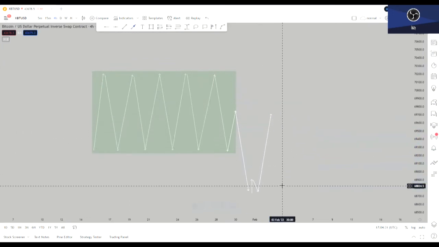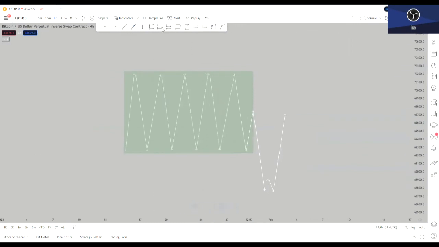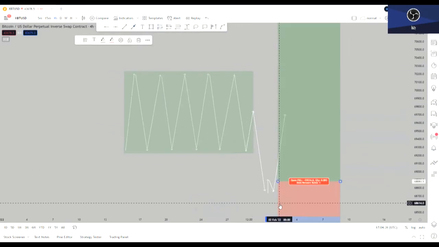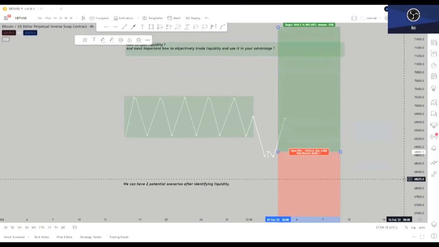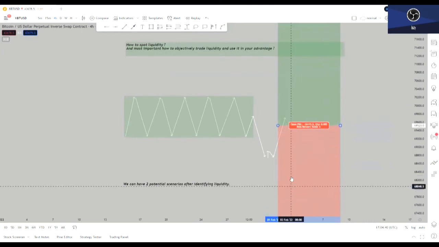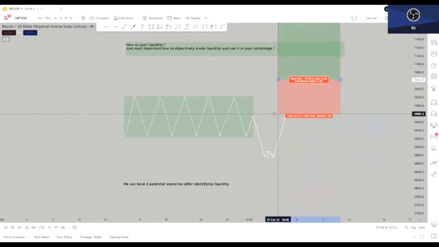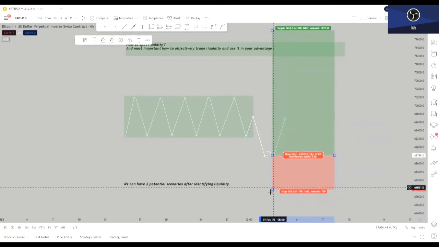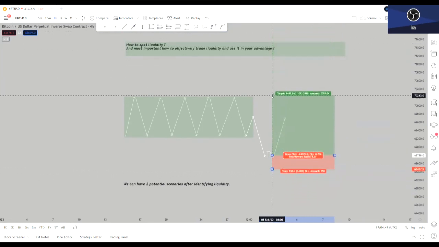Where you want to enter in this case is around here, where price shows some signs of rejection of that same range. So you enter here, and maybe you take it as a scalp and take profit at the next structural level.